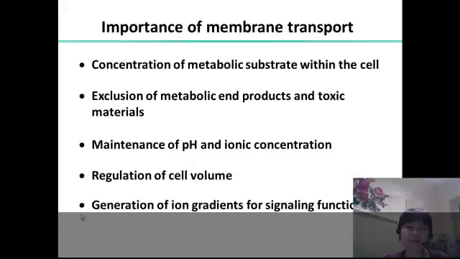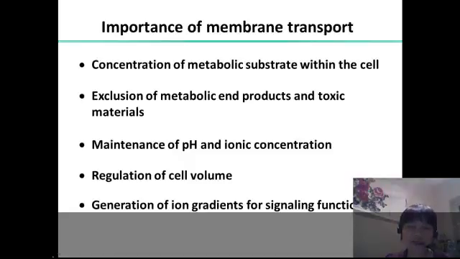Finally, it is important for the generation of ion gradients for signaling function. So what do we mean by that? When an action potential is produced, that is because different ions have different concentration within the cell and outside the cell.